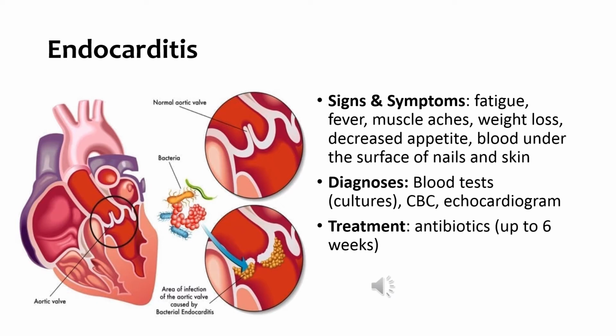An echocardiogram may be needed to visualize the heart further. What is the treatment of endocarditis? Treatment with antibiotics is needed immediately to reduce complications. These are initially given in the hospital because high doses are needed intravenously. Depending on the severity of the infection, treatment may be needed for up to 6 weeks.